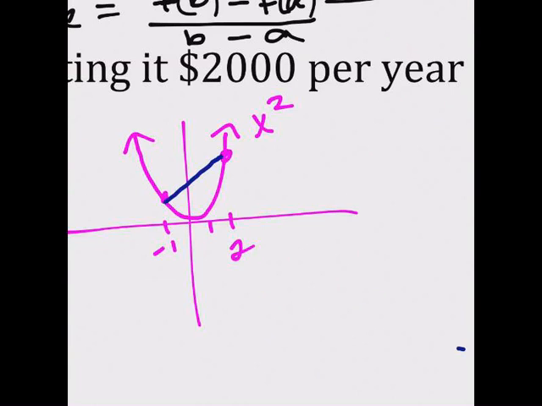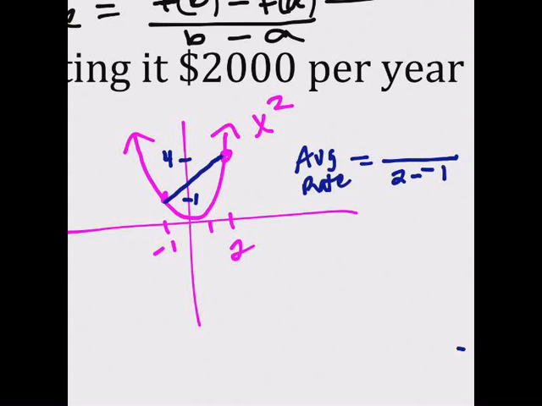The way it would work is the average rate is the slope of that line. I need the y coordinate of the right point and the y coordinate of the left point over the x on the right and the x on the left. Well, I got the x's. The y's I need to go find. Well, it's x squared. So if I go to 2, square that, I get 4. And -1, square that, and I've got 1.